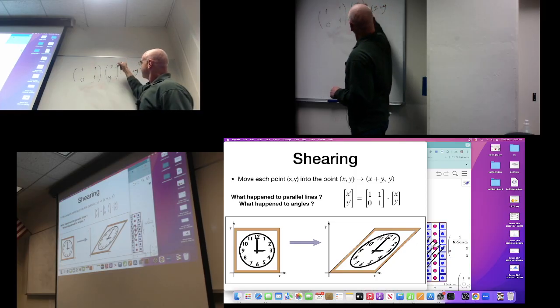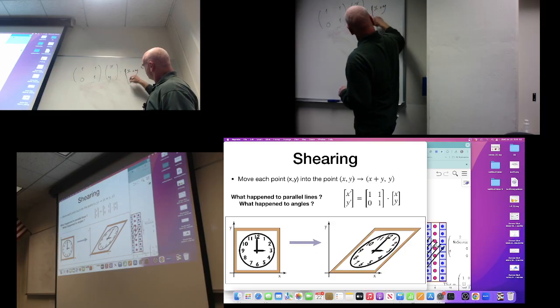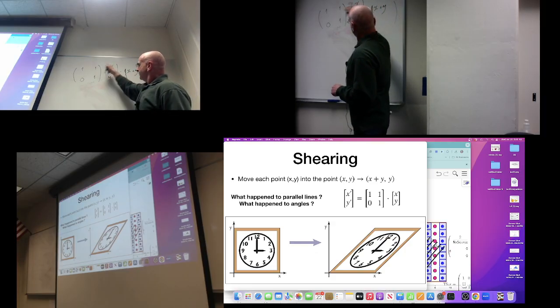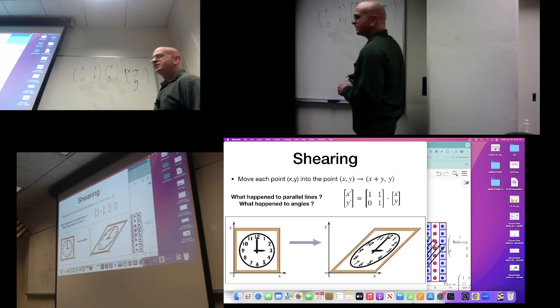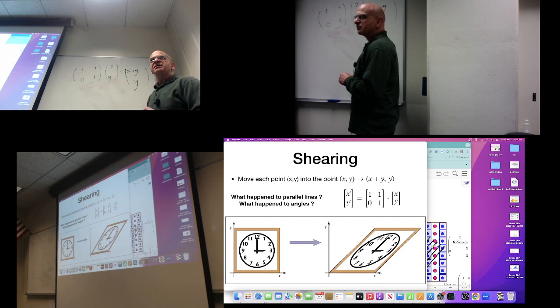That handles the first value over here. Taking the second row, 0 times x plus y times 1 is y. So that would be the result of this shearing transformation.